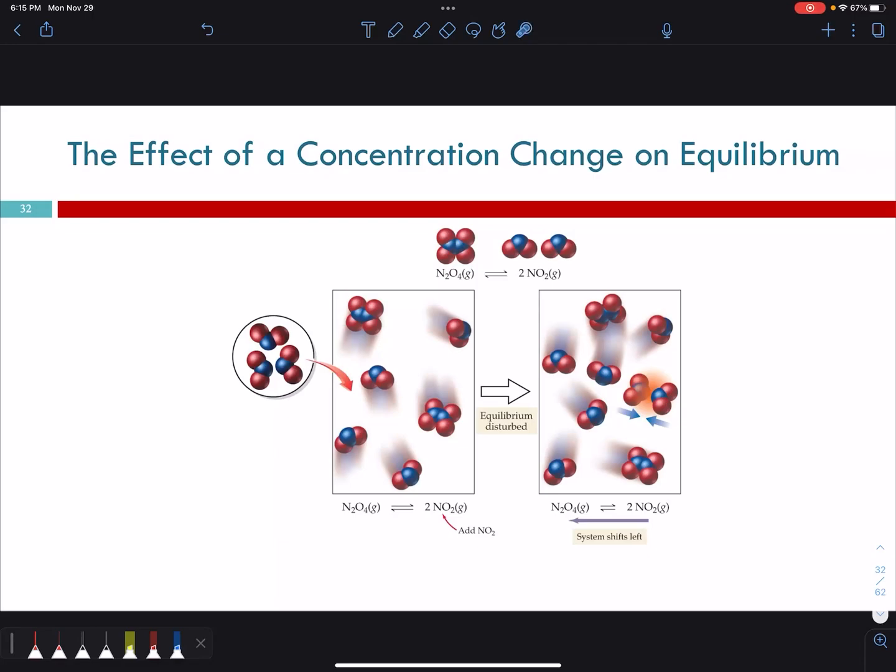So in this diagram here, we're adding NO2, like we did on the previous slide. And when we add that NO2, the equilibrium's disturbed, and so the system shifts to the left. So more of this NO2 is going to combine into N2O4.